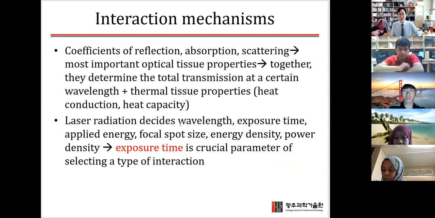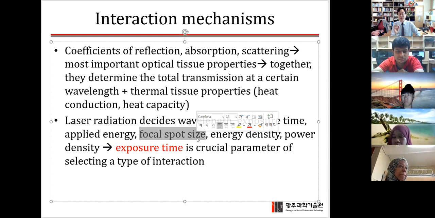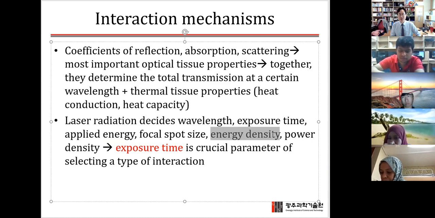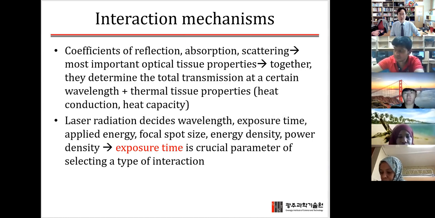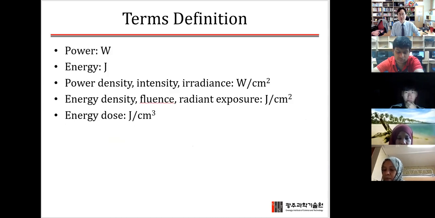Those are wavelength and exposure time and also how much energy you apply and how big you are going to make the size for the beam spot and also the energy density and power density. And among these, the most important thing is going to be the exposure time shown here. If you remember from the last class, you may know why the exposure time is the most important parameter.